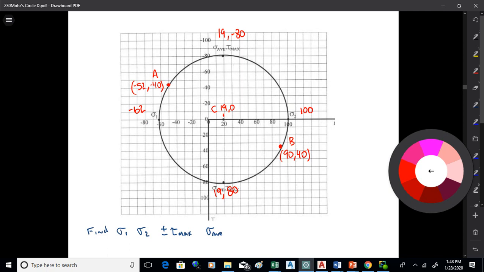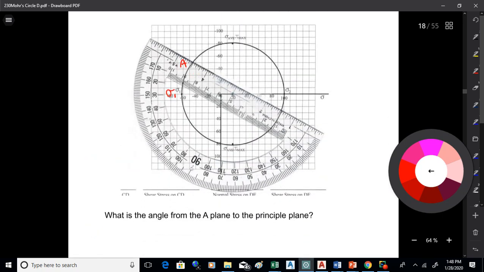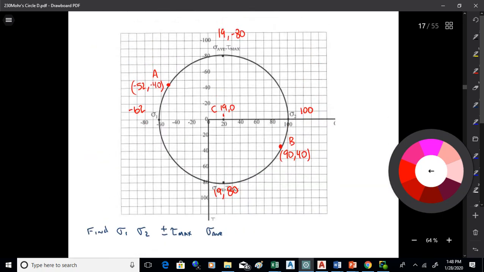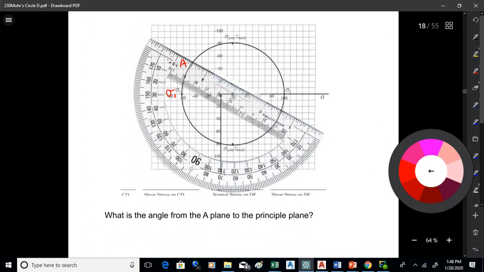Now there's a little more to it though. We can do more than just that. We can figure out angles too. I can just take a protractor and put it on there. Point A represents the vertical plane.